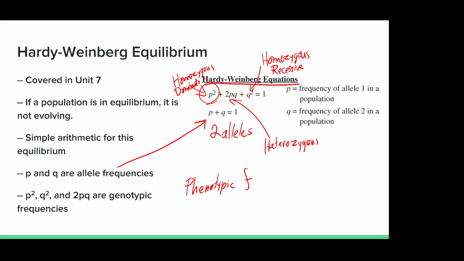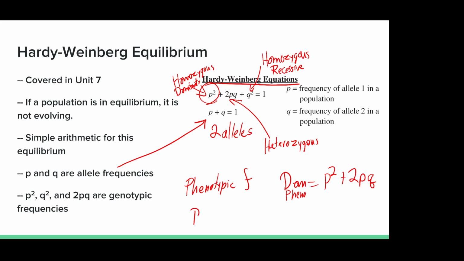The dominant phenotype equals p squared plus 2pq, since both the homozygous dominant, p squared, and the heterozygote, 2pq, code for the dominant phenotype.